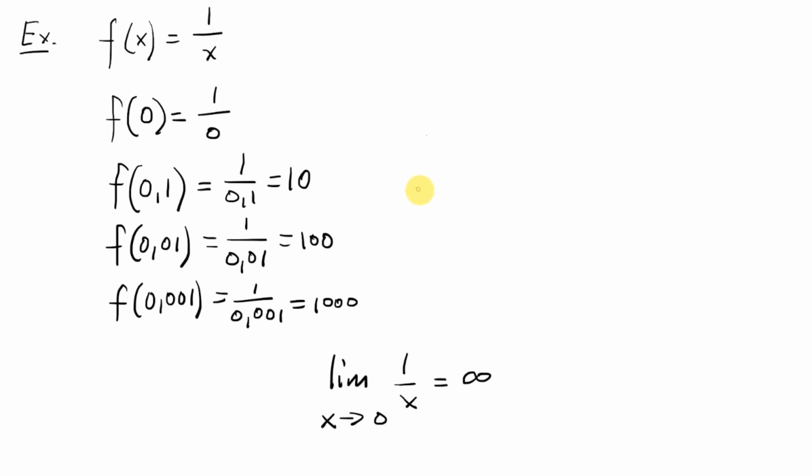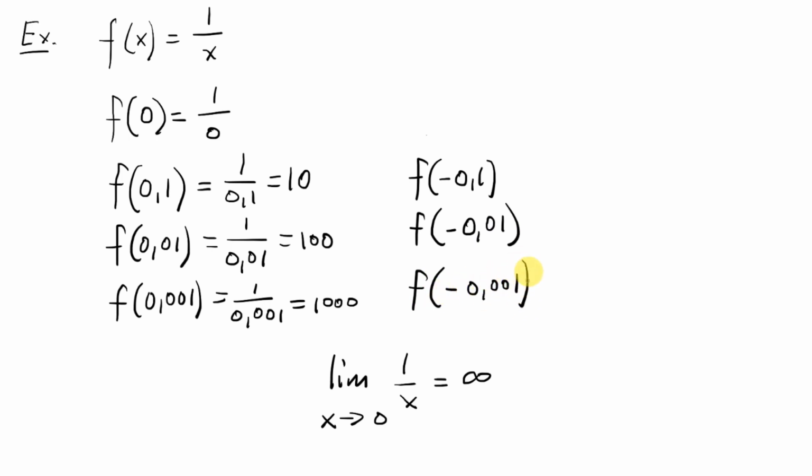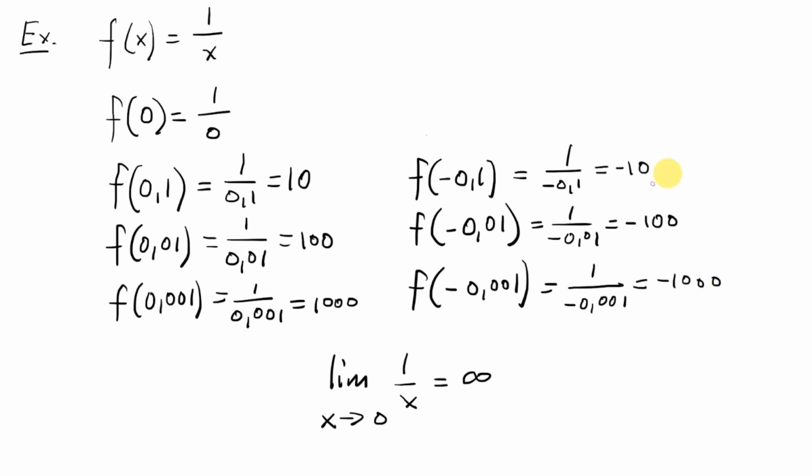Because if we now look at what happens when we approach 0 from the other direction, for example like this, we see that the function approaches minus infinity. So we see that when x goes to 0, it approaches infinity if we go from the right.